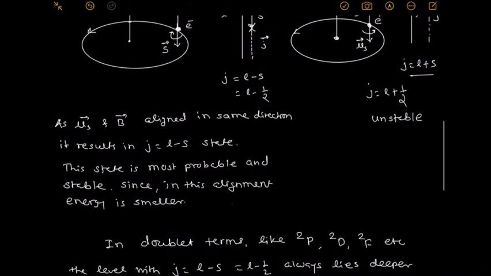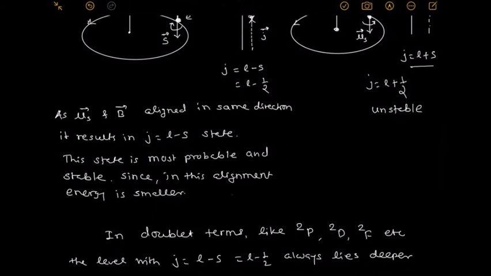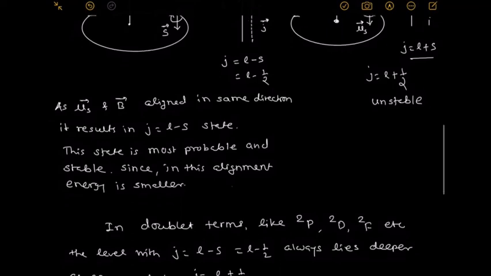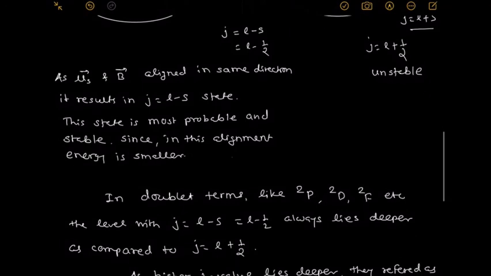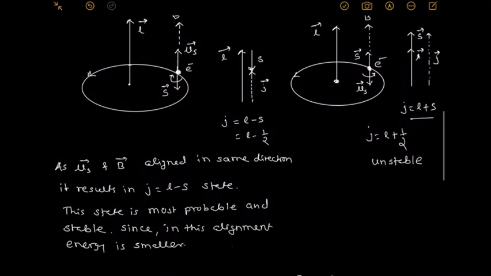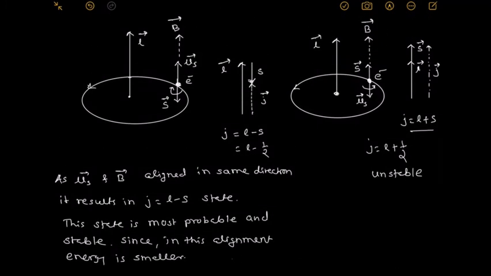It means in the doublet terms, as we mentioned earlier, doublet P, doublet D, doublet F, all these terms, each P term splits into a doublet. In that doublet term, one is J equal to L minus S and the other is J equal to L plus S. J equal to L minus S means magnetic field and magnetic moment are both in the same direction.